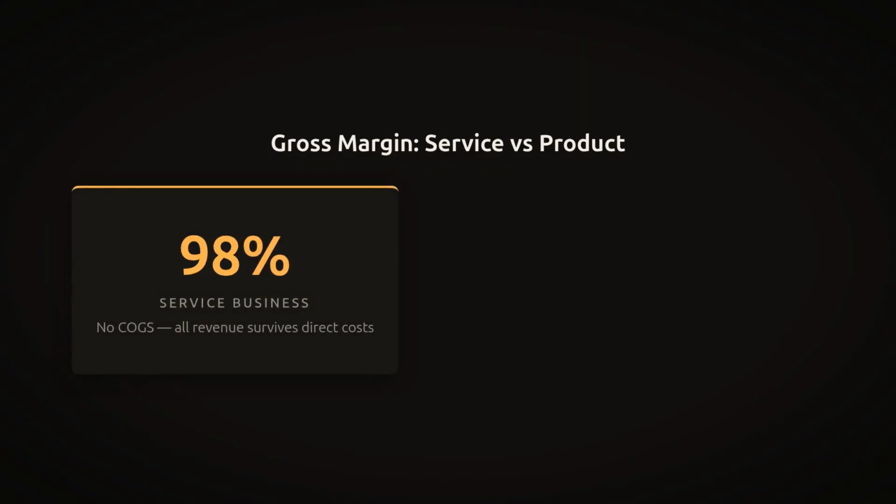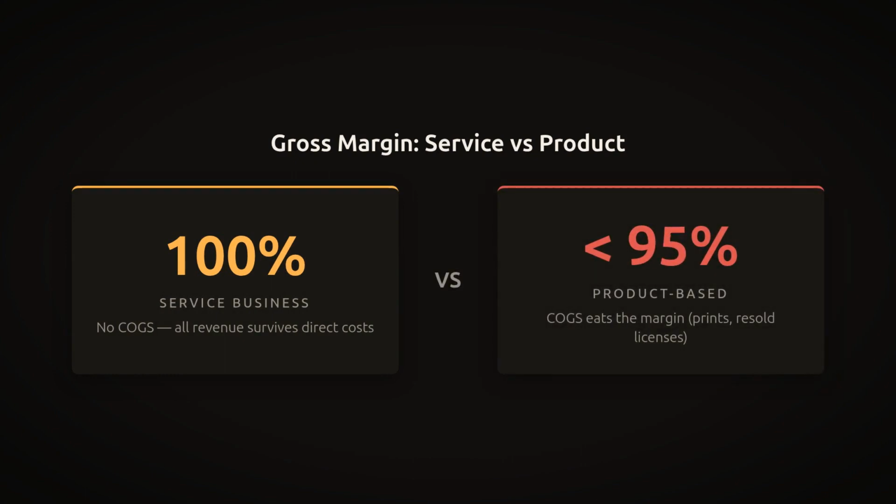Gross margin analysis, dividing gross profit by revenue, tells you what percentage of revenue survives after direct costs. For a service business with no COGS, gross margin is 100%. For a product-based freelancer, a photographer selling prints, a consultant reselling software licenses, the COGS component reduces gross margin.